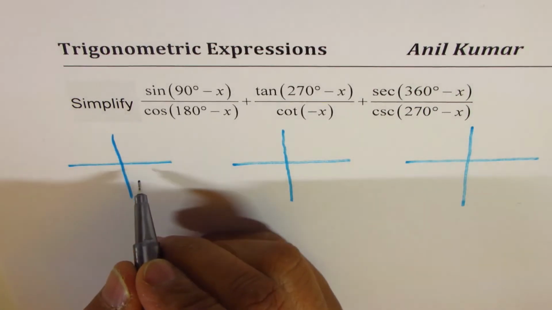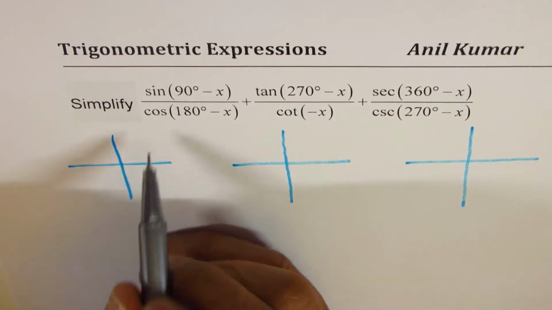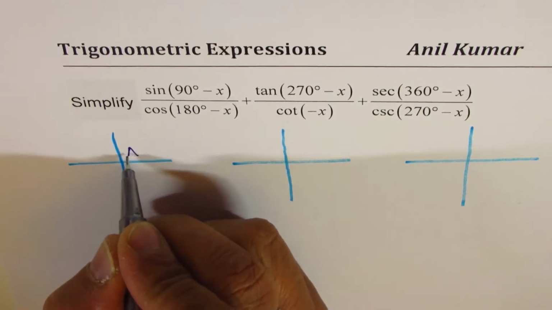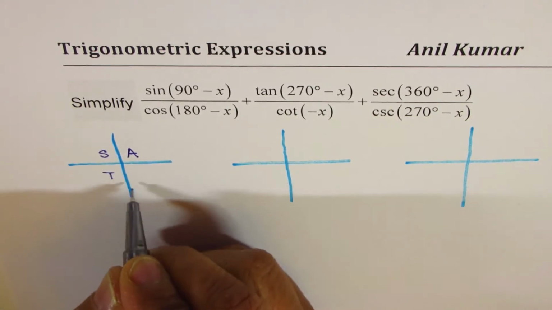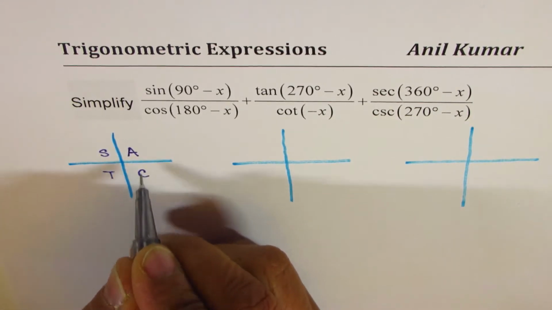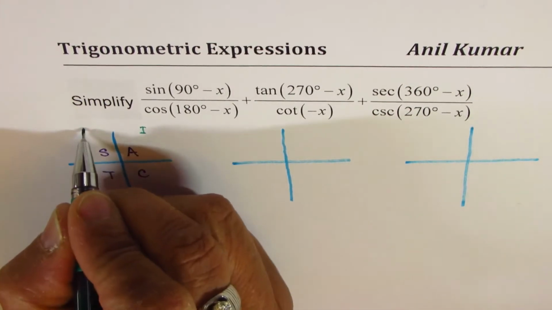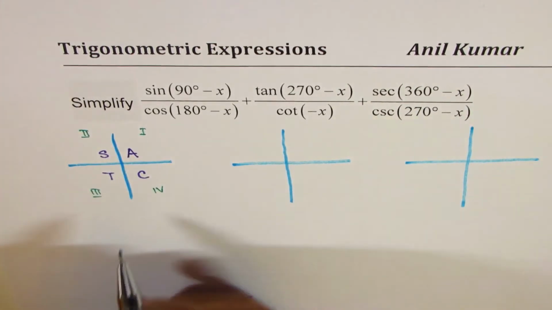The first one here we'll use for finding out in which quadrant which ratio is positive. So all are positive here, sine is positive here, tan is positive there, and cosine in quadrant 4, correct? So we know these are the quadrants and we call them quadrants 1, 2, 3, and 4.